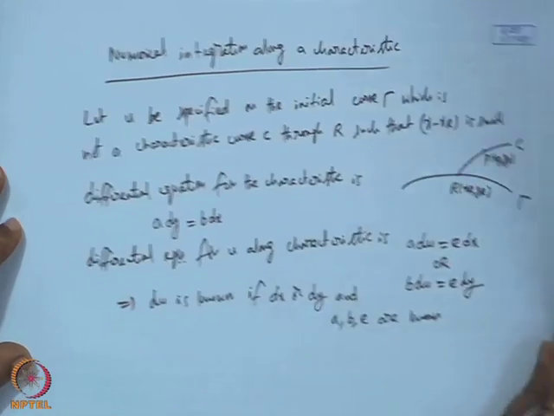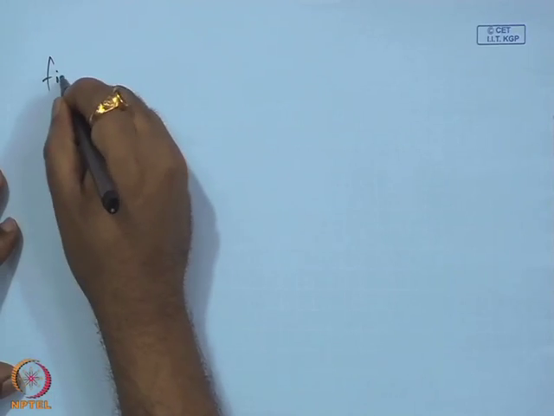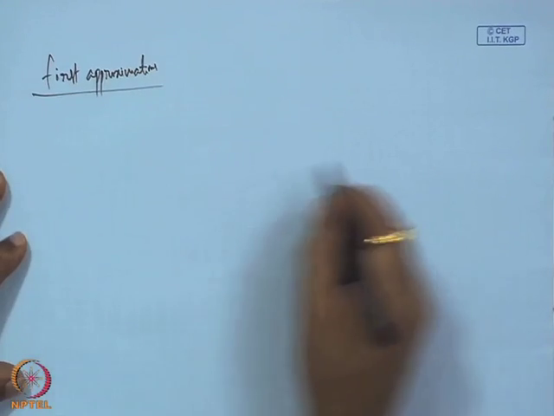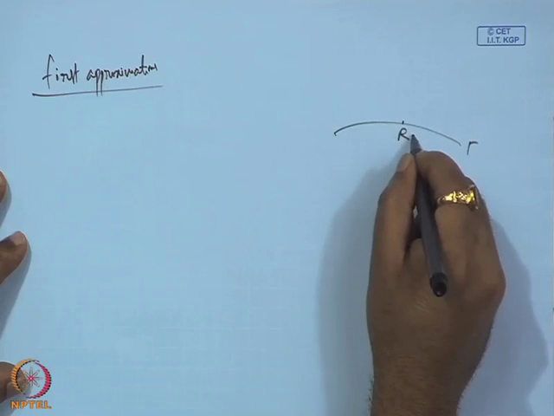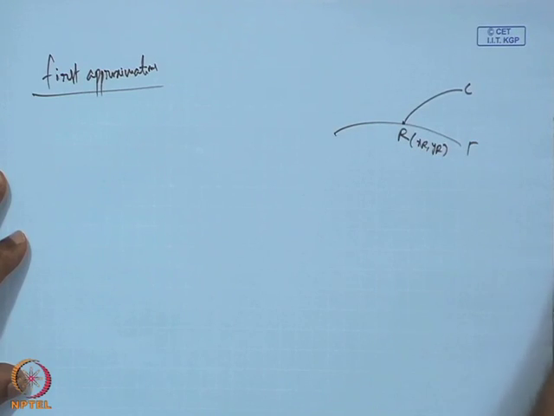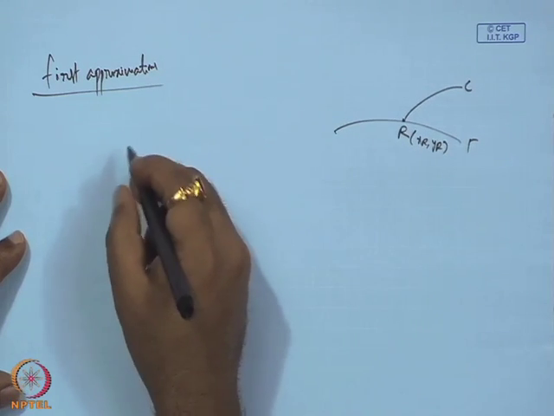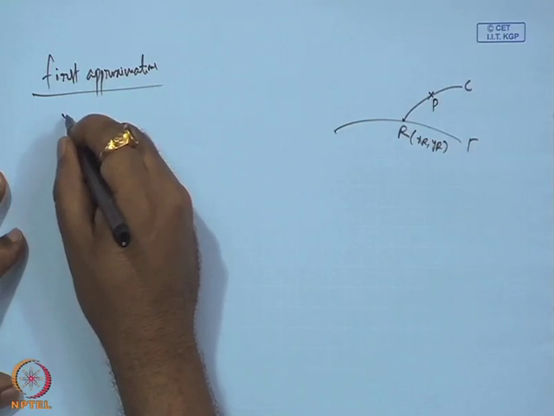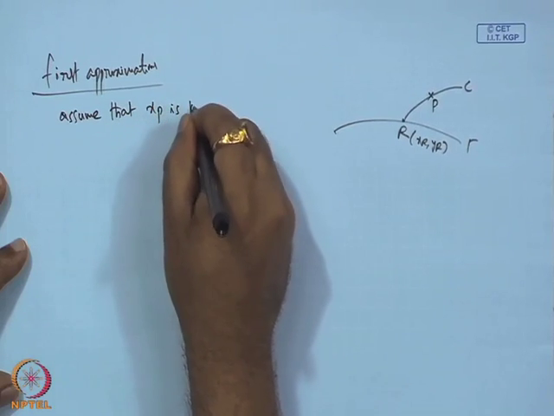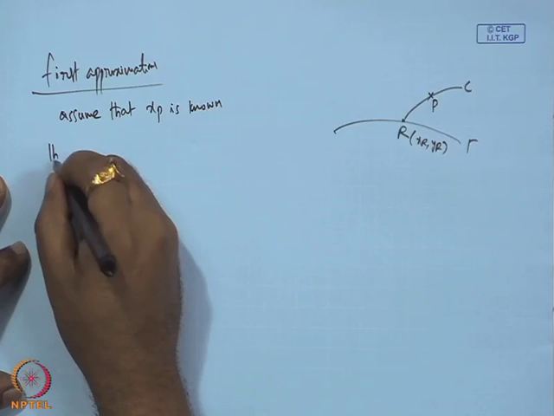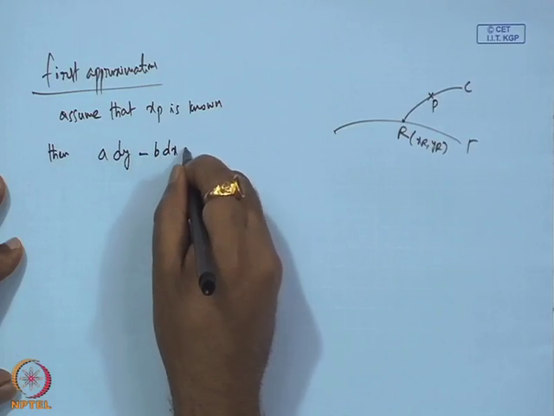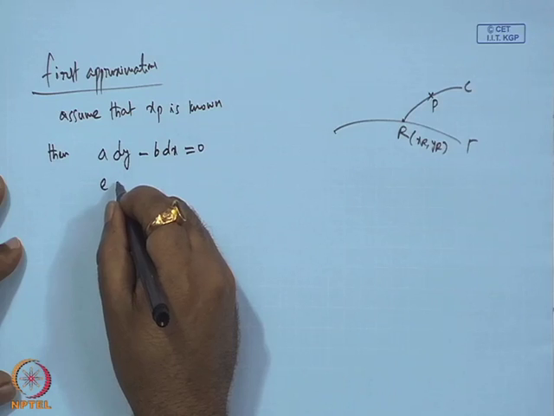So, now how do we go for the numeric? First approximation, this is P. Assume that x p is known, then because we have to approximate A dy minus B dx equal to 0, then E dx.